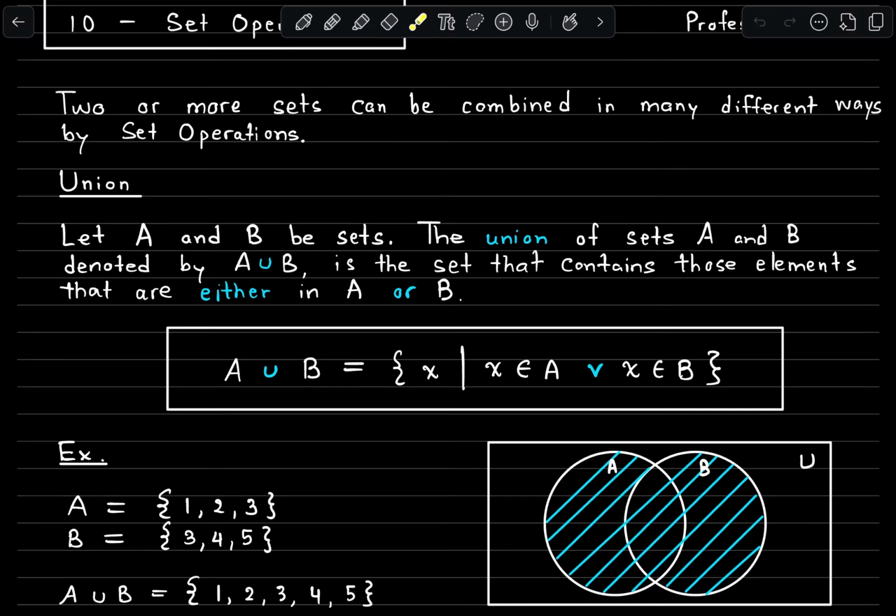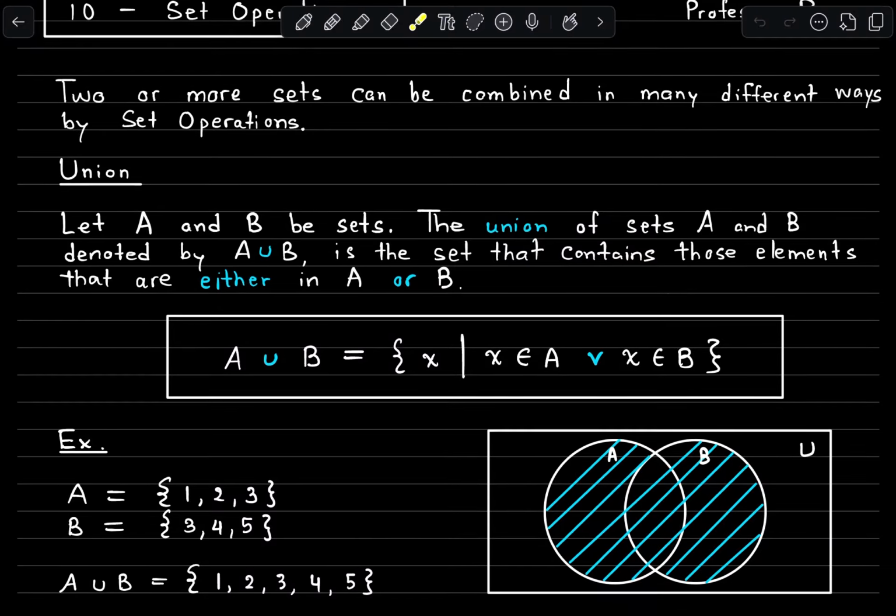This is that or property. Visually on a Venn diagram, it's going to cover any elements in here or in here or in their intersection, right? So any elements in A or B, including their intersection in the middle.